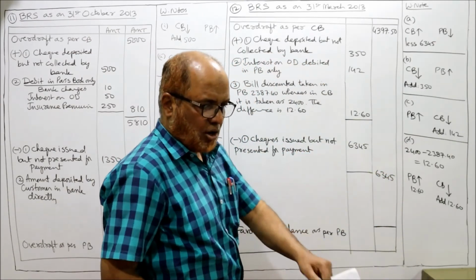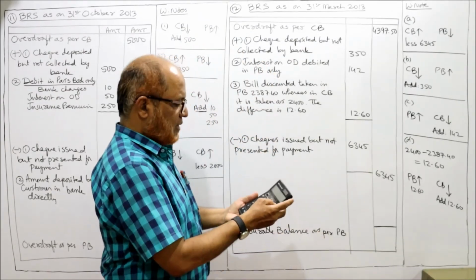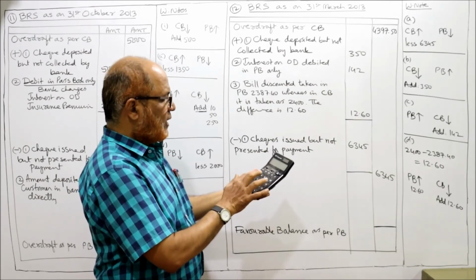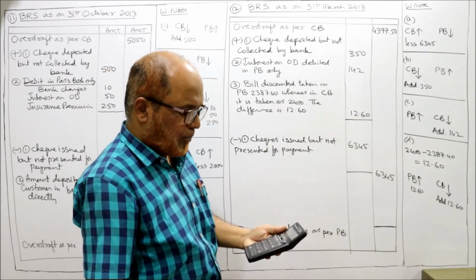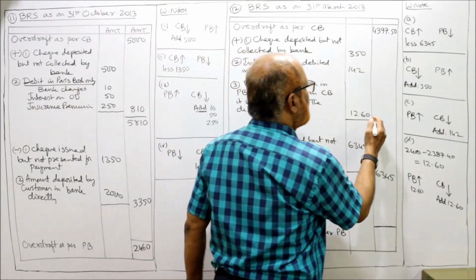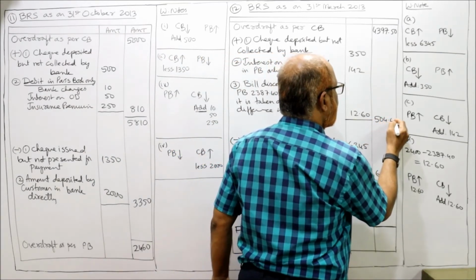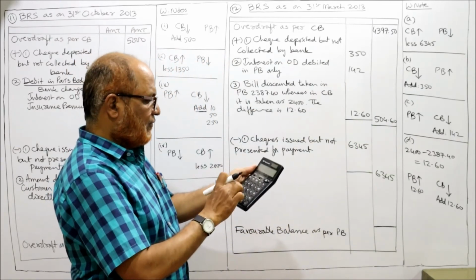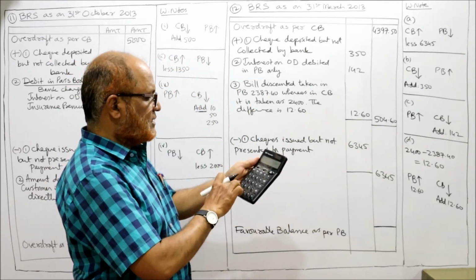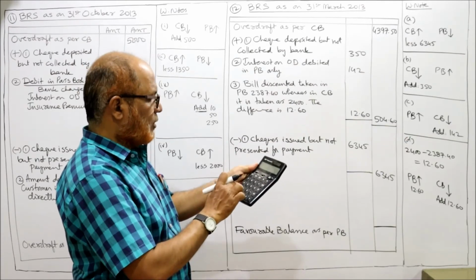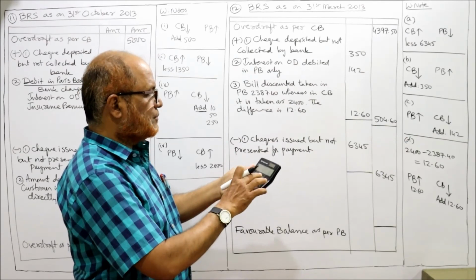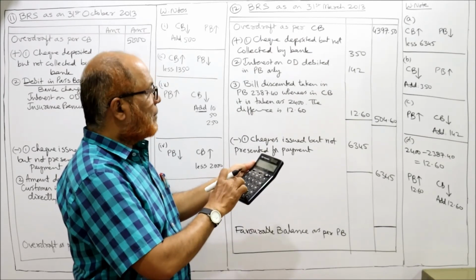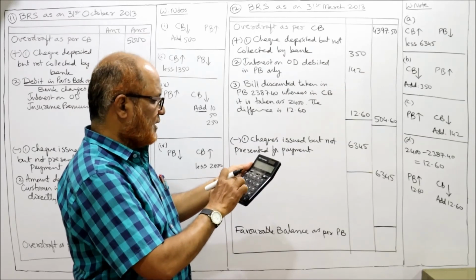Now the add items. How much are the add items? 350 plus 142 plus 12.60 comes to 504.60. Now you add up 4397.50 plus 504.60.